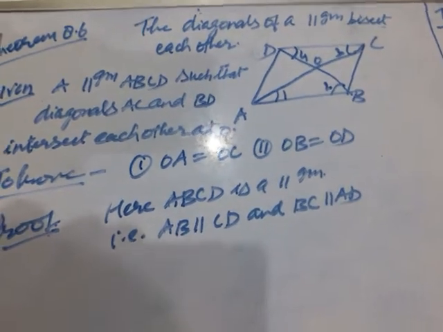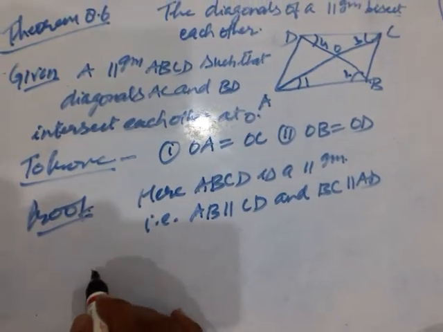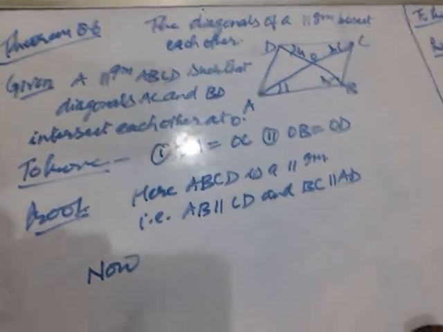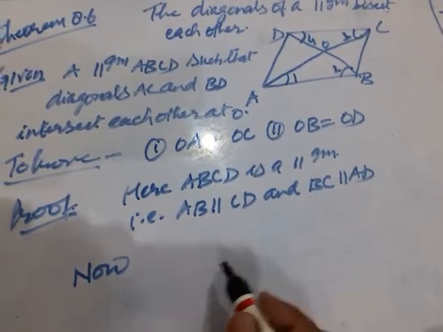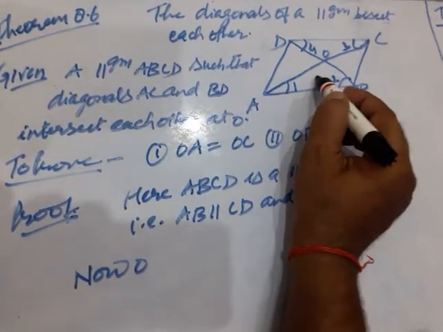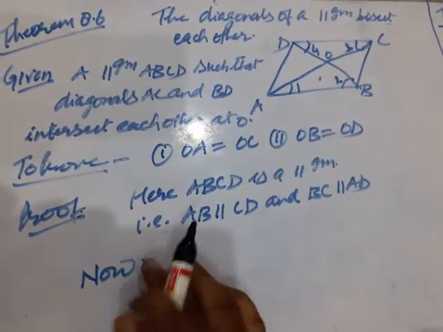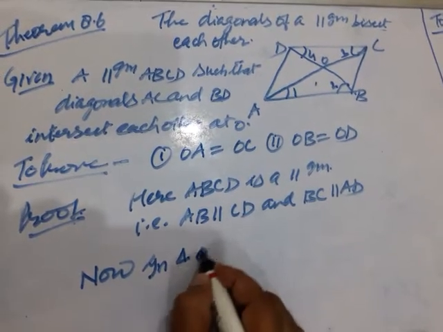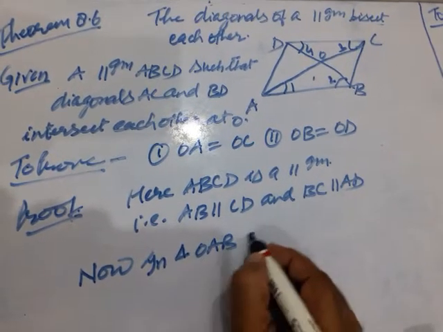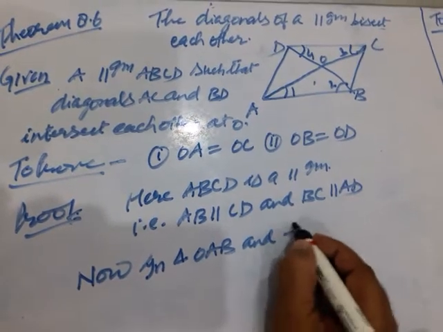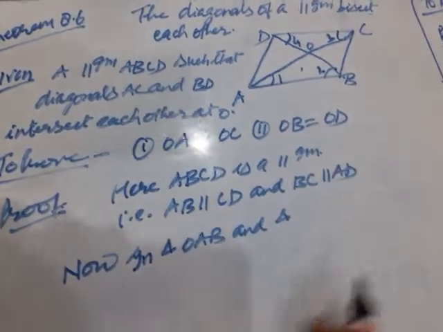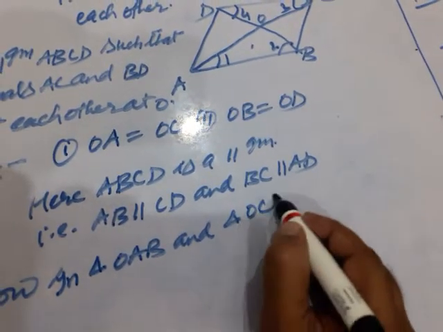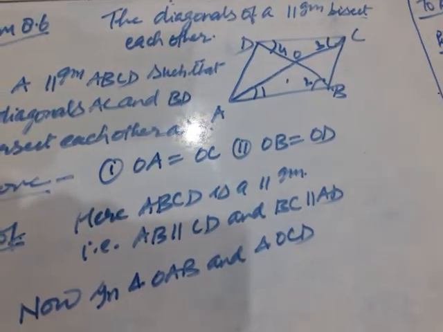Right, children? Okay. Now in triangle OAB and triangle OCD, what do we have?